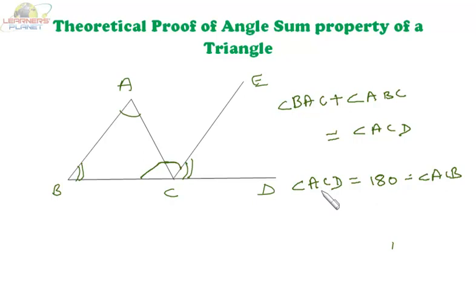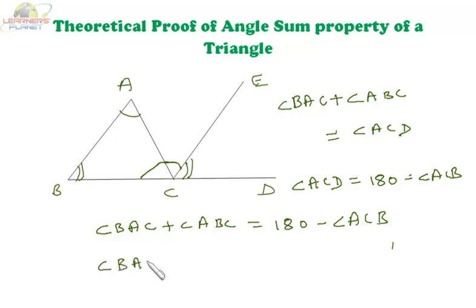Now I put the value of angle ACD over here in this expression. So just write angle BAC plus angle ABC is equal to, instead of angle ACD, I am writing this: 180 minus angle ACB. So just take this angle ACB to this side.